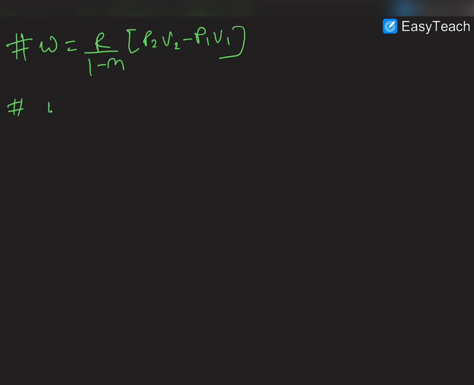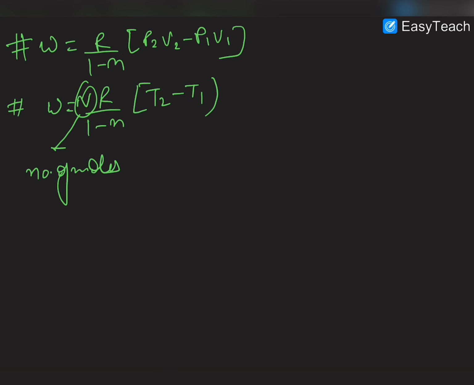Or in other words, work done will be R upon 1 minus n into N, where N is the number of moles, into T2 minus T1, because we have replaced P2 V2 by nR T2 and P1 V1 by nR T1, and the R would not be there.